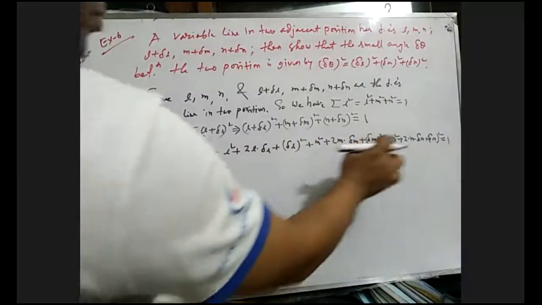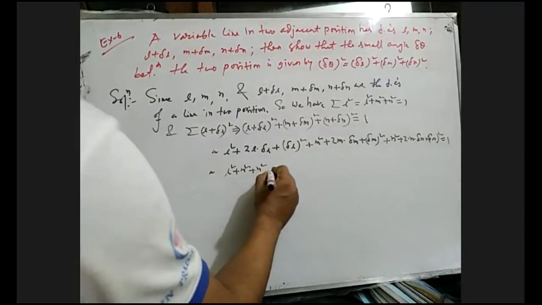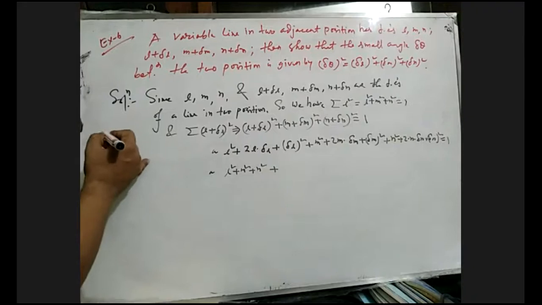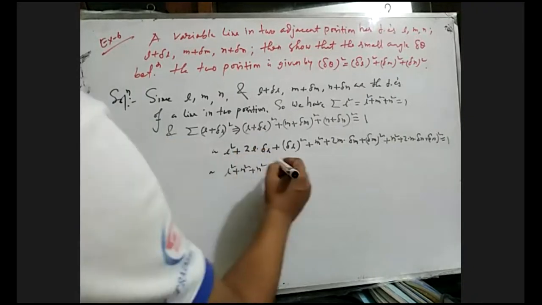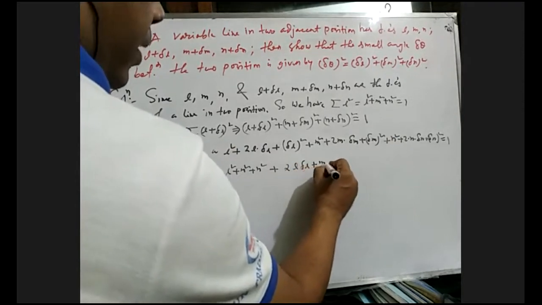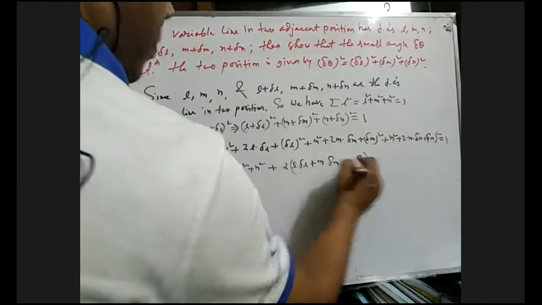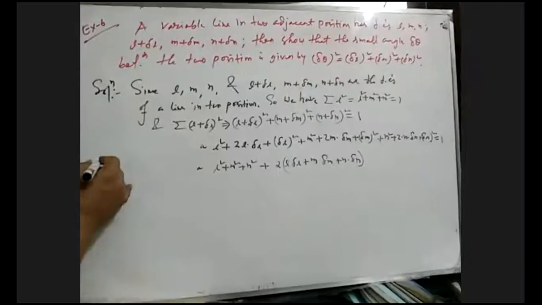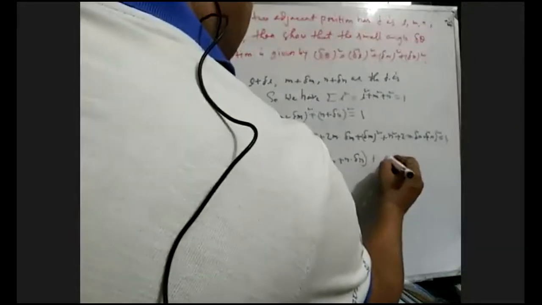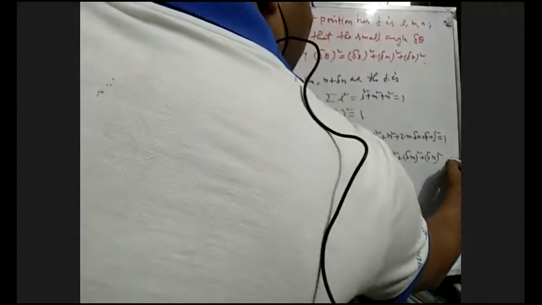So L square plus M square plus N square can be written as L square plus M square plus N square plus 2 into L del L plus M del M plus N del N. Another one is plus del L whole square, del M whole square, del N whole square equals to 1.